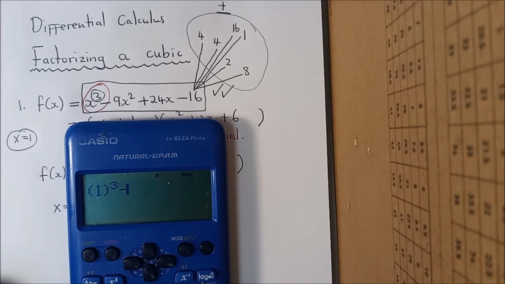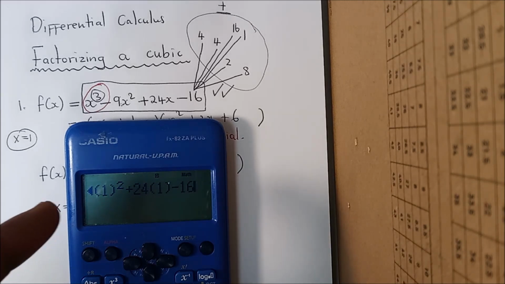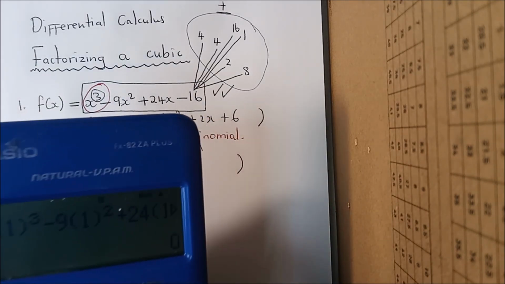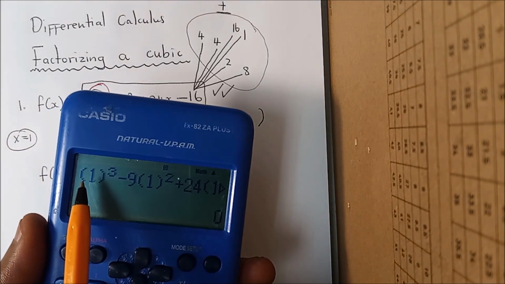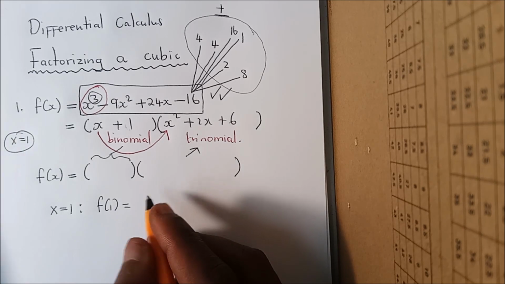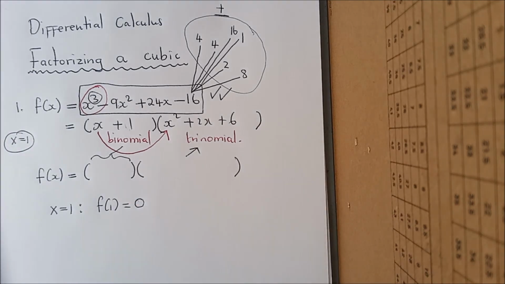So it's 1 minus 9 into 1 squared plus 24 into 1 minus 16. Remember, the goal is to get 0. Oh, first trial, 0. So now when x is 1, y is 0. You can see it there. So that means f of 1 is equal to 0.